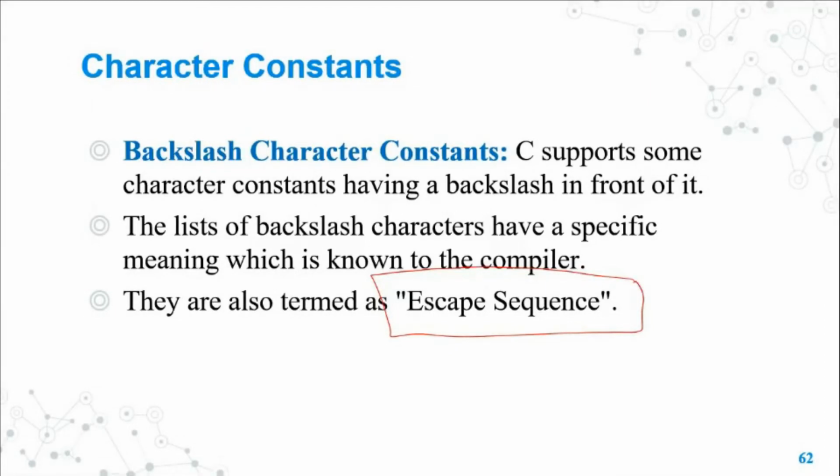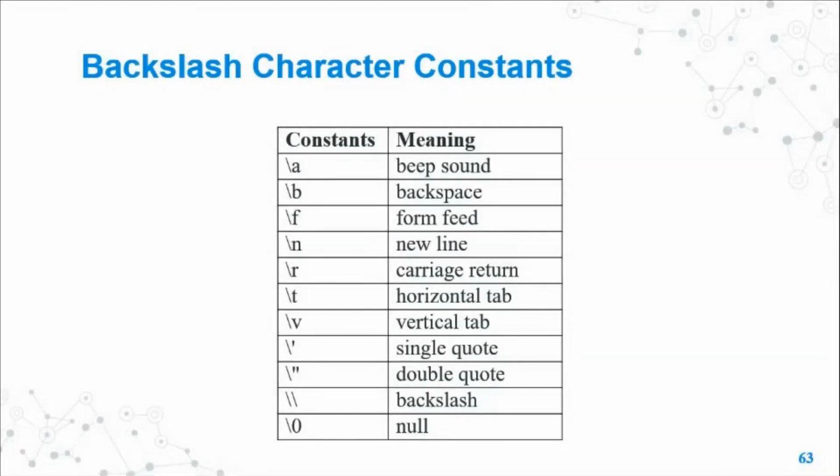Let's see what are the different escape sequences that are available within C programming. The main escape sequences, or the backslash character constants, available within C programming is this one. If you put a backslash and a, this will make a beep sound from the computer.